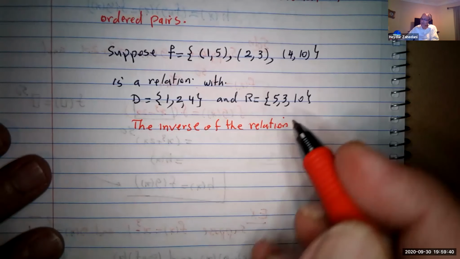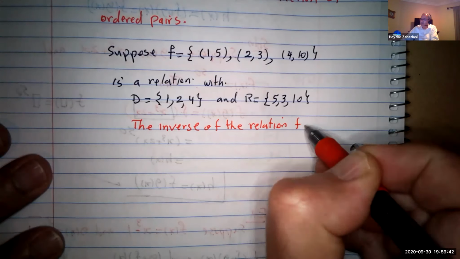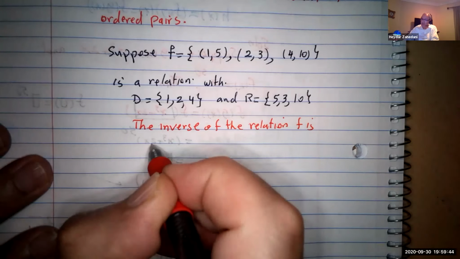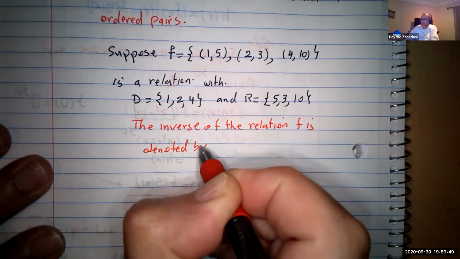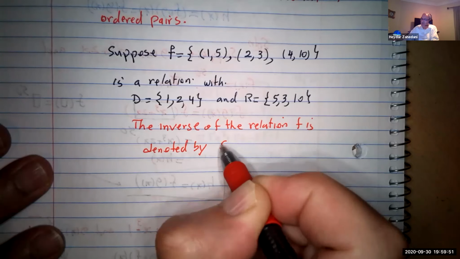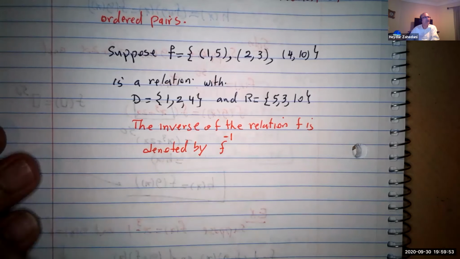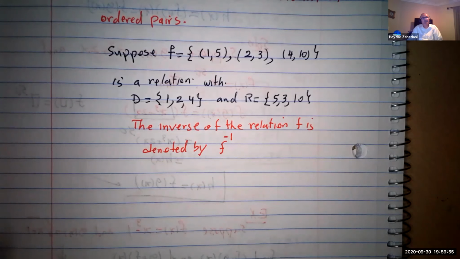So the inverse of the relation f is going to be denoted, the notation is f inverse. You see, it's not a power, it's just a name.